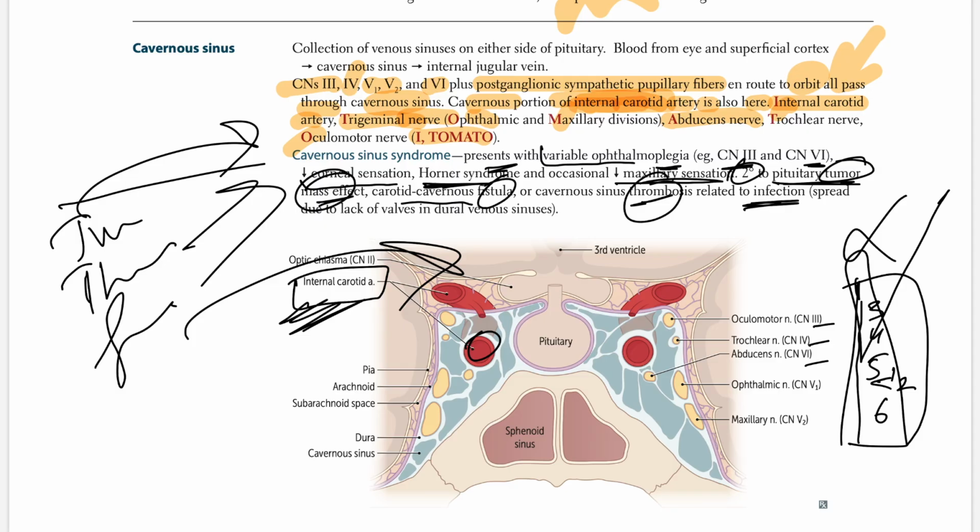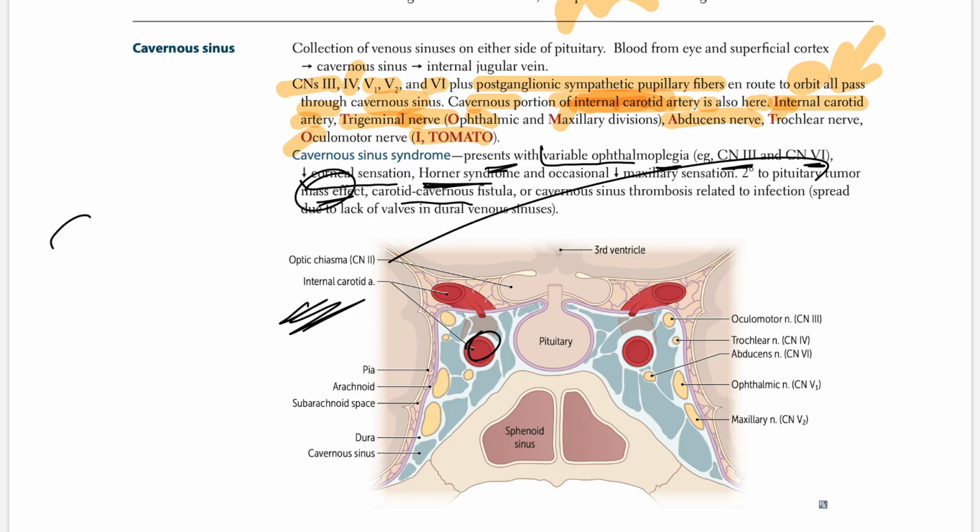The most common pathogen for this infection is Staph aureus. We don't think about it, right? Staph aureus is the most common cause.